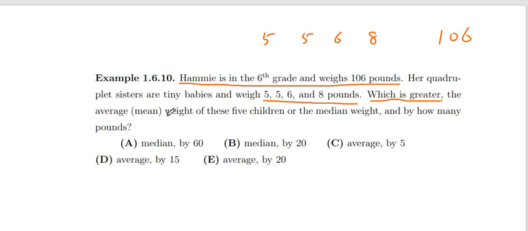So we want to compare the average weight and the median weight. Which one is bigger? We find the median is there, so it is really clear the average is larger, right? The median is 8, and we just find the average. We want to find by how many, so we use this average minus 8 equals what?